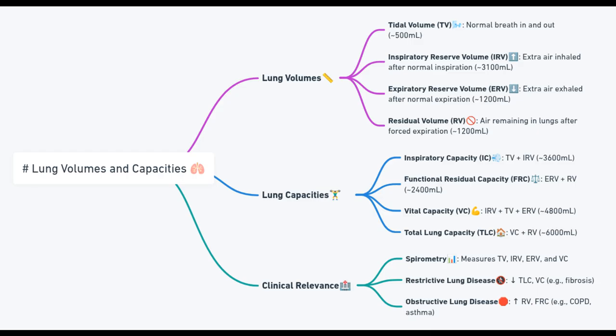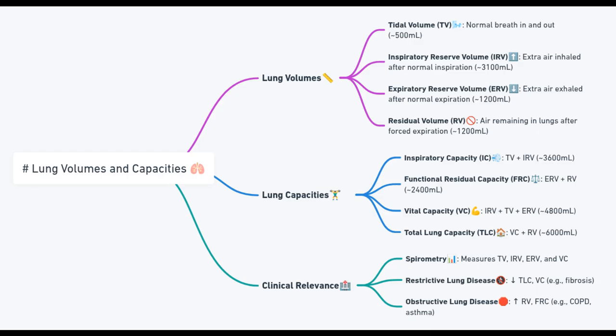But if your FEV1 FVC ratio is less than the lower limit normal, and your forced vital capacity is more than the lower limit normal, then there's obstruction.